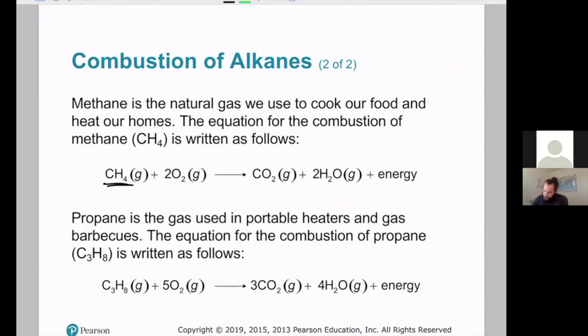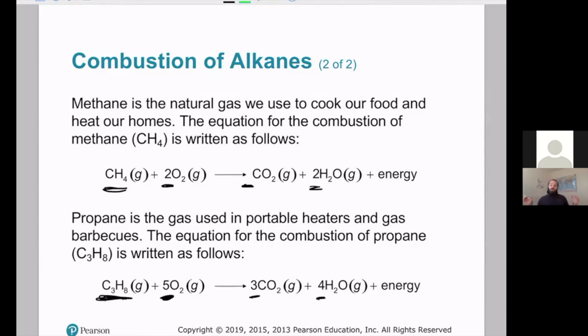But one thing to just note, right? We have methane, our simplest alkane that has one carbon. That's only going to react with 2 equivalents of oxygen to produce 1 CO2 and 2 water. Whereas the more carbons that we add, so for example, we go up to propane with 3 carbons, now we're consuming 5 oxygens and producing 3 carbon dioxides and 4 waters, right?